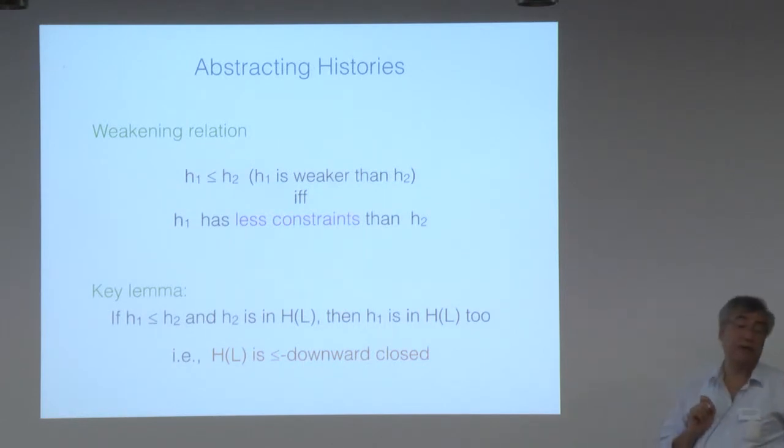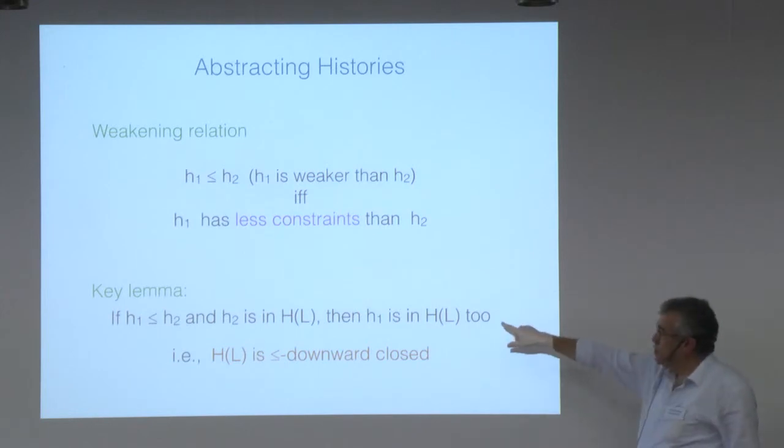Now, to prove this result, you also need a concept which is also interesting: the concept of how to weaken or abstract a history. A history is a partial order. Now you can define an order between histories: H1 is less than H2 if H1 has fewer constraints, that is, fewer edges, fine?